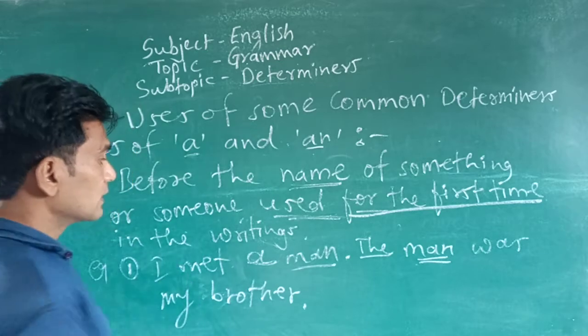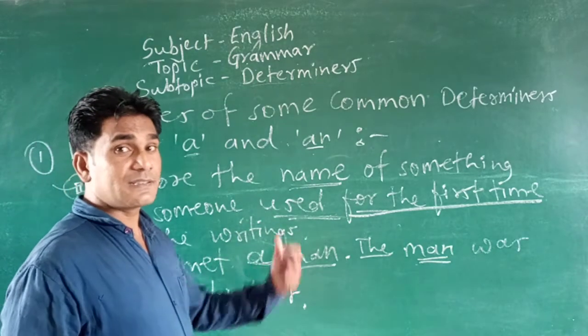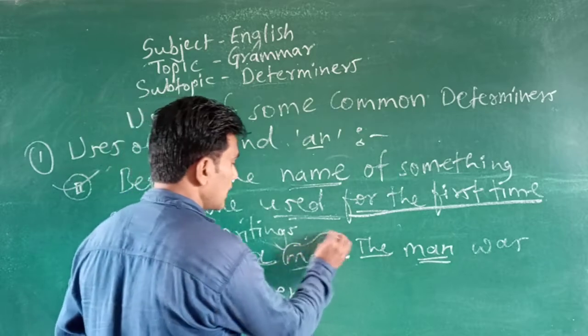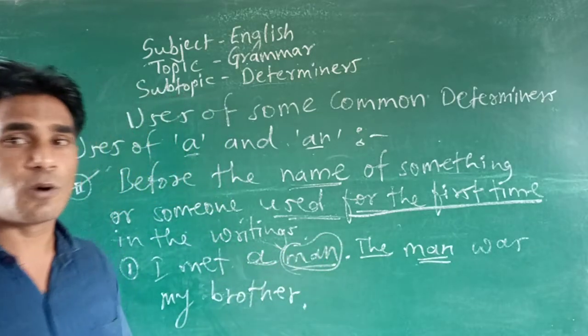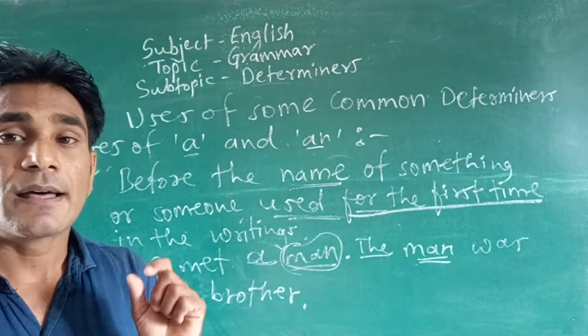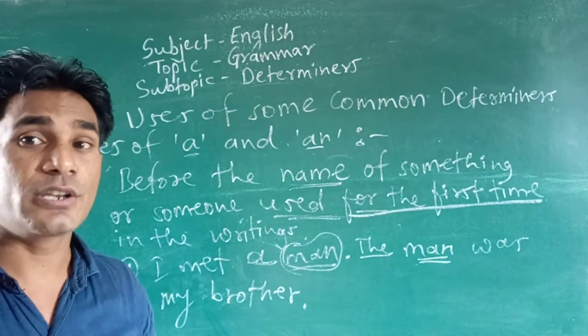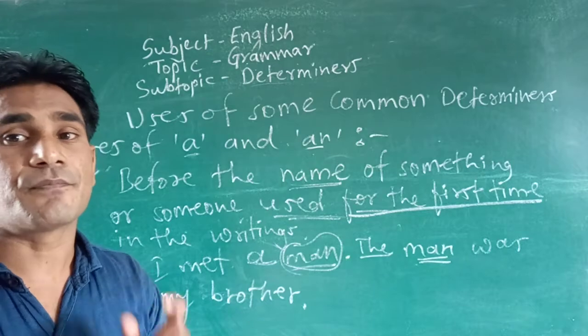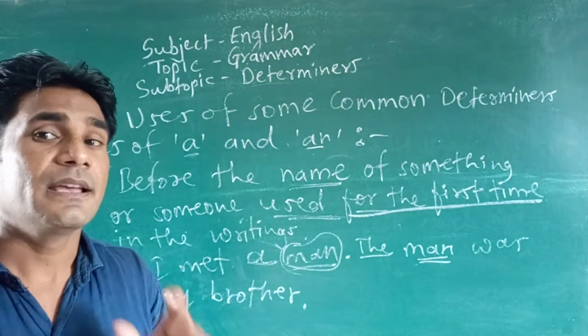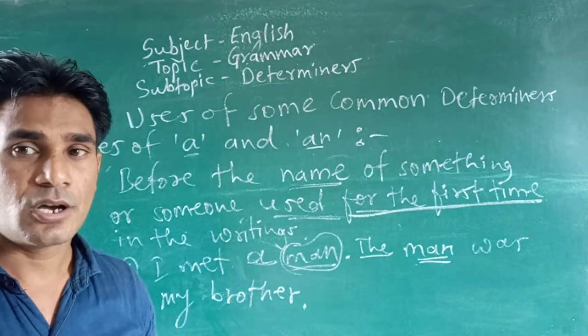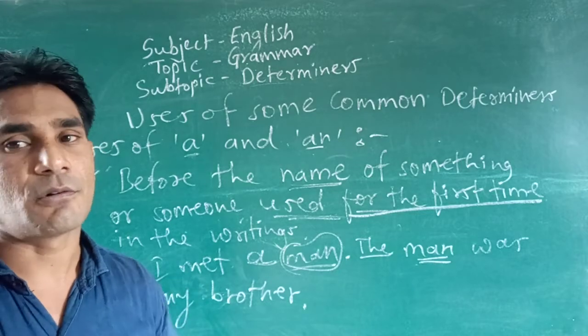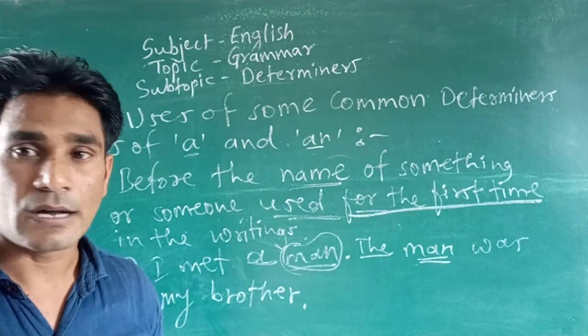So the thing we have learnt here is, when the name of something or someone is referred to or used for the first time, a or an is used according to its beginning sound. Got it? Understood?